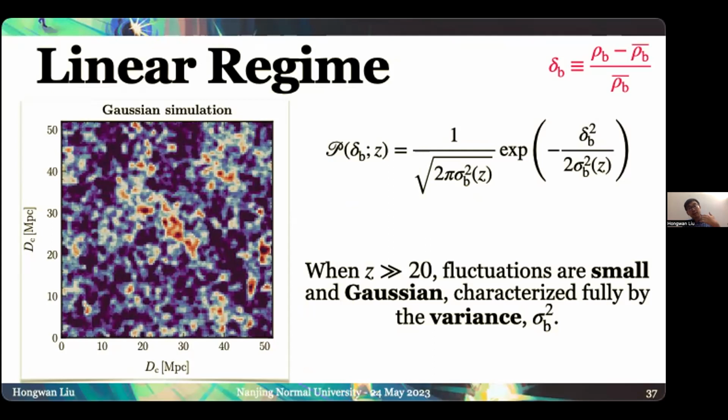And so when you look at redshifts above 20, for example, when fluctuations are very small and Gaussian, we have the complete PDF, and so we can compute the mean probability of conversion between photons and dark photons.